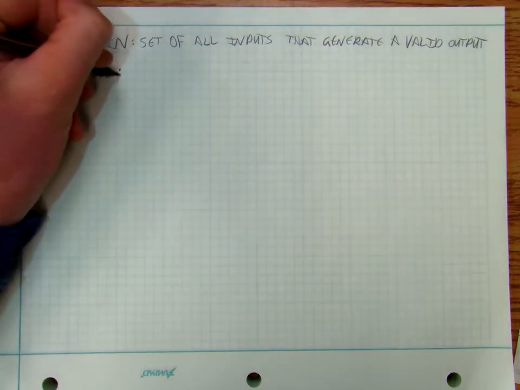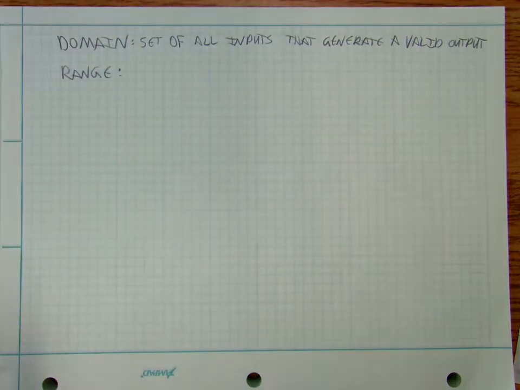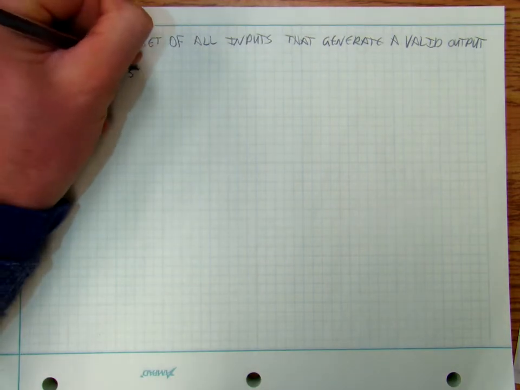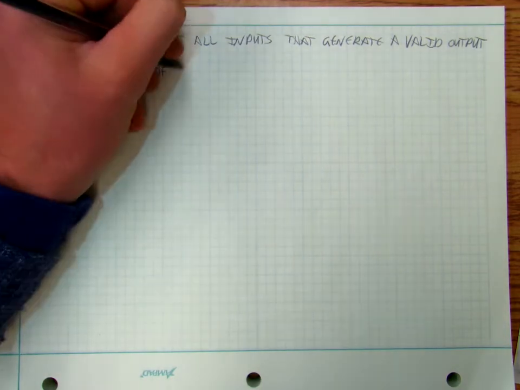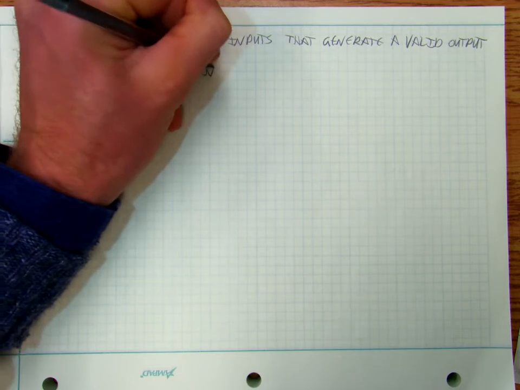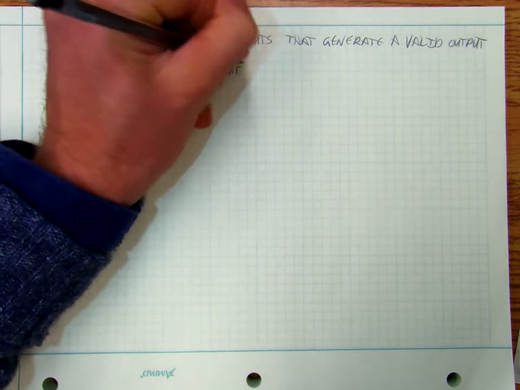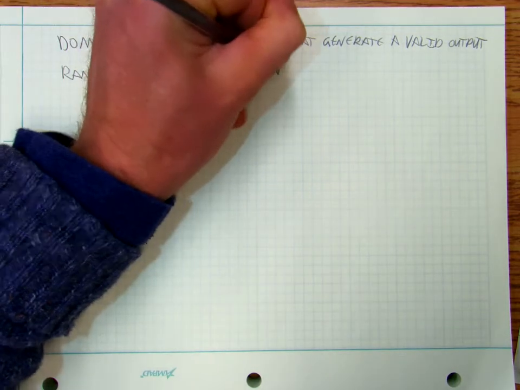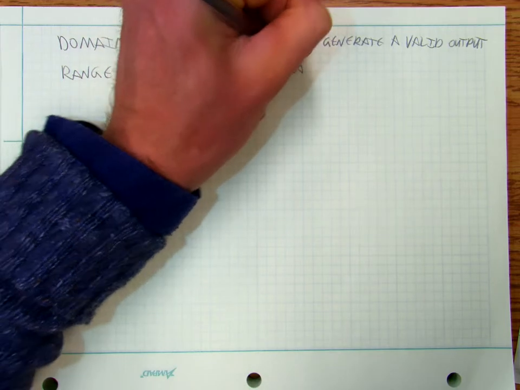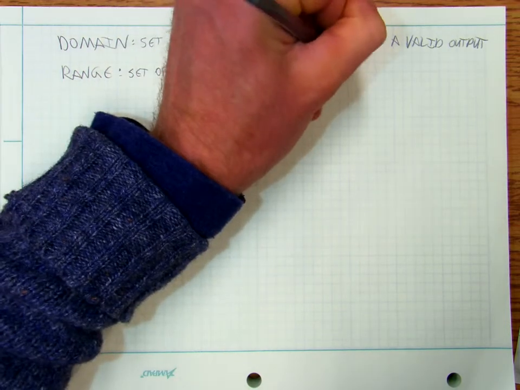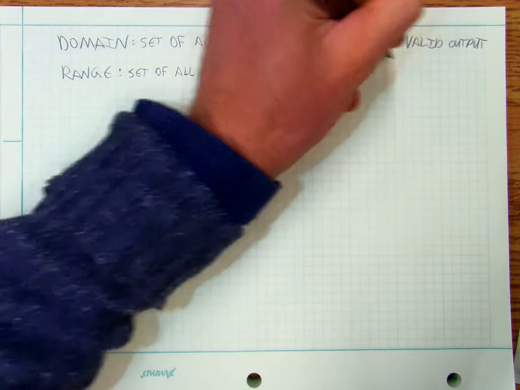And for the range, I'm going to call that the set of all outputs generated by the domain.